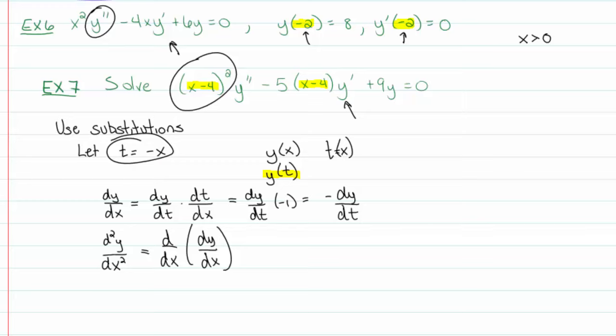But we've just shown that the derivative of y with respect to x is the opposite of the derivative of y with respect to t. So I'm going to trade out the inside here for this guy right here, negative dy dt.